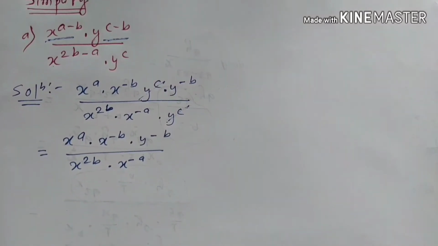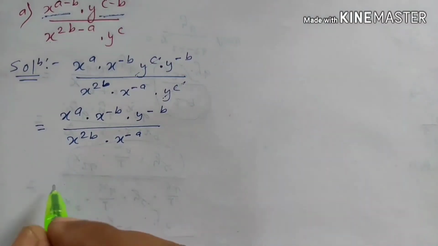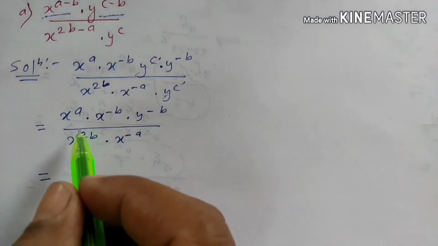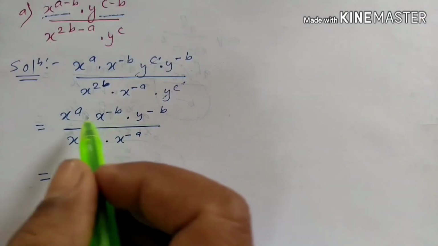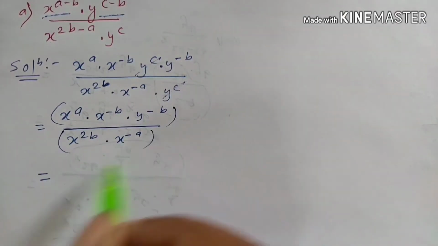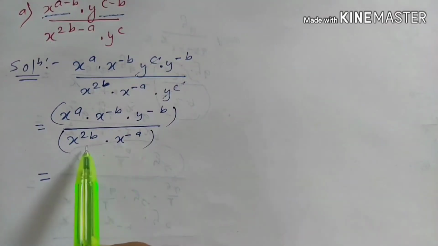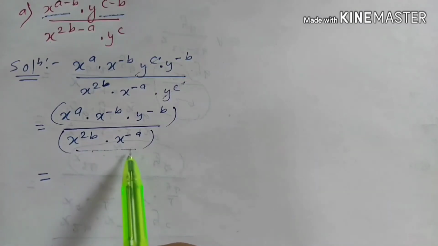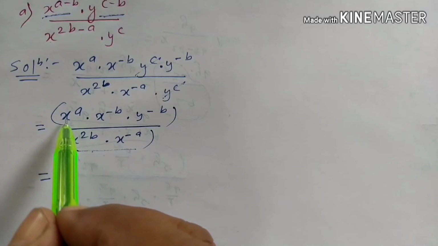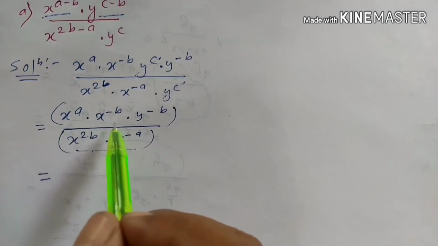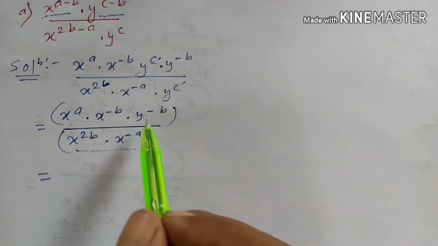Here, this term is the numerator and this term is the denominator. In the denominator, you can see x power minus a, and in the numerator, x power a and x power minus b, y power minus b.